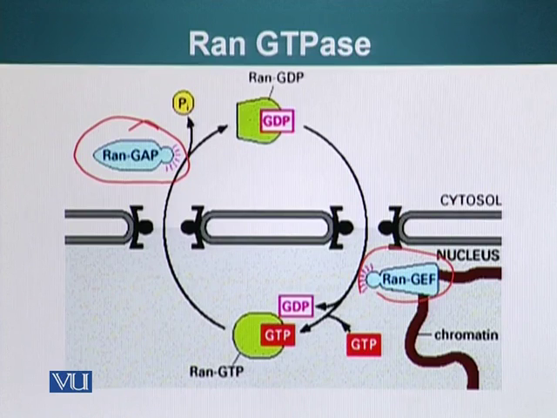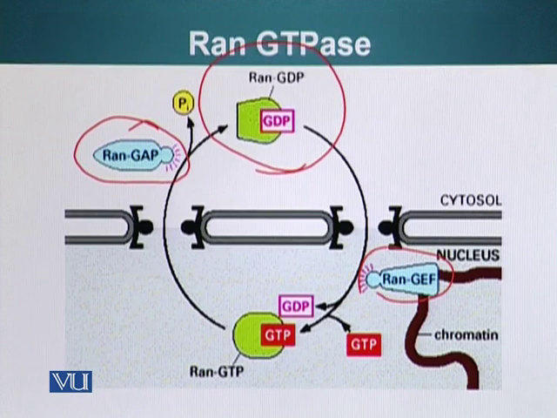The GAP is present in the cytosol, and strictly RAN GEF is present inside the nucleus. So in the cytoplasm we will have RAN GDP, RAN bound to GDP, and inside the nucleus we will have RAN bound to GTP.